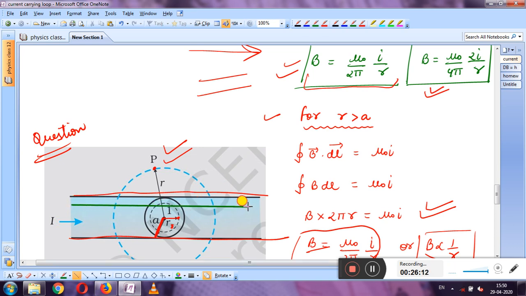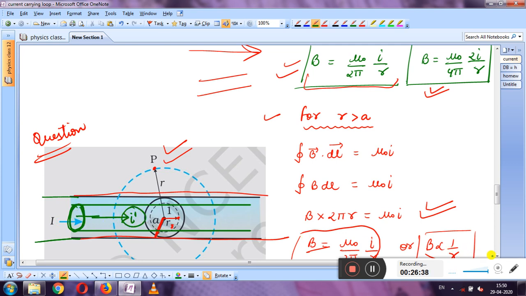We want through this cross section. Through this part only we want to find out how much current is flowing. That I have taken equal to I dash. I is the current which is traveling through the whole of the wire. I want to find out through this cross section only how much current is flowing. That we have taken equal to I dash.